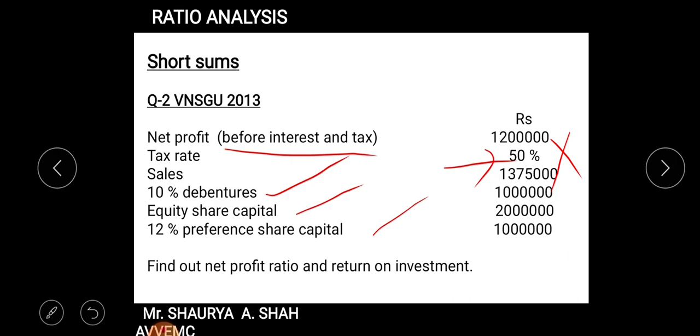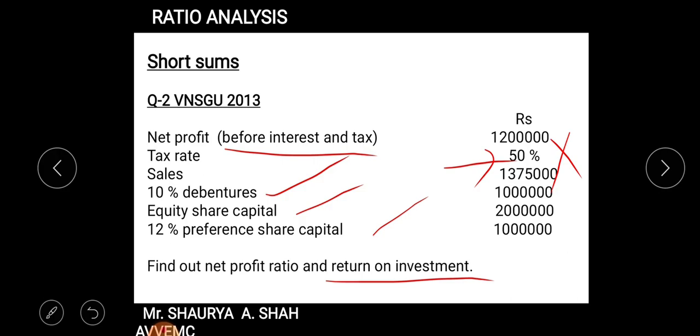The second part they have asked is your return on investment. What do you mean by return on investment, students? It is your profit before interest and tax divided by capital employed. Profit before interest and tax is already given in the sum, 12 lakh.